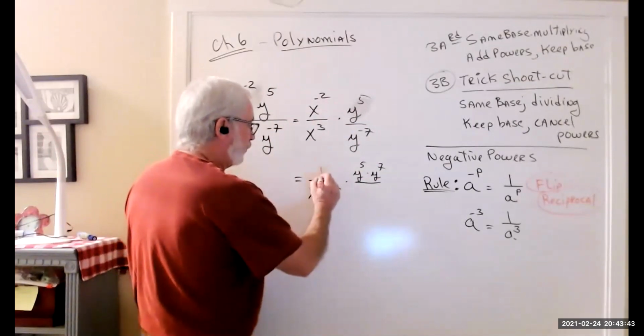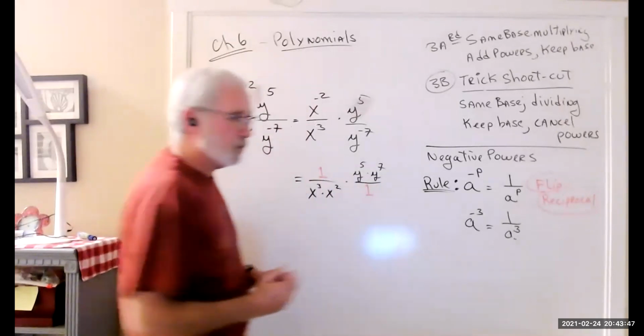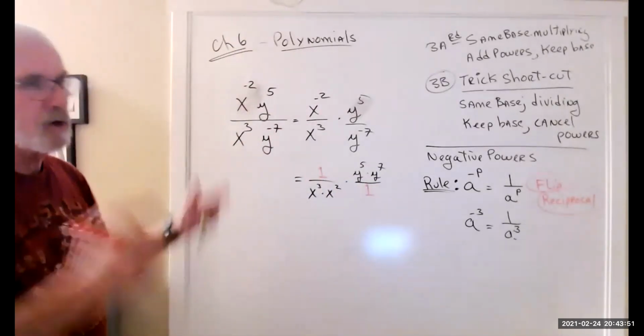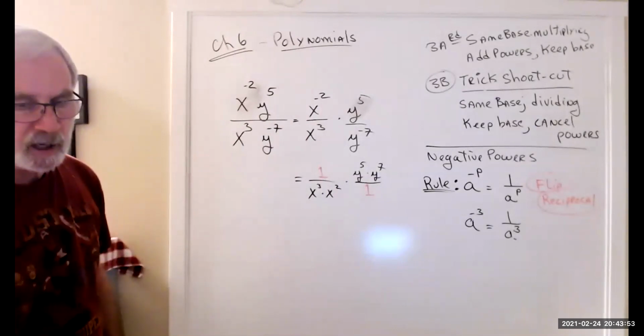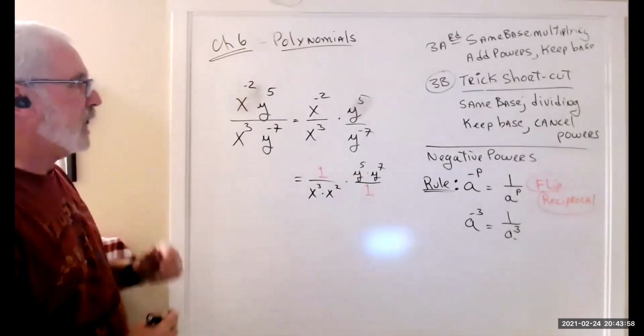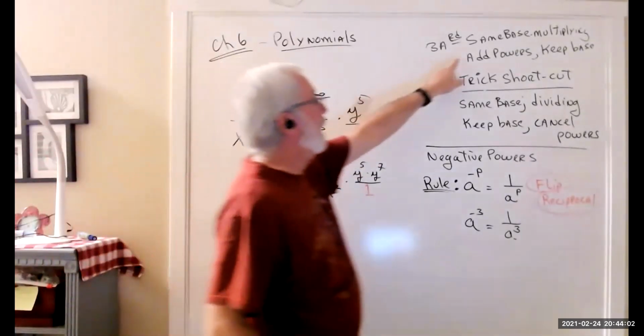Now, there's always these invisible ones there for those of you who are worried about fractions not looking quite right. There's always a 1 there. Okay, so you can still see who's in the fraction and that kind of stuff. So now check it out. What happens is now we're back to this rule.